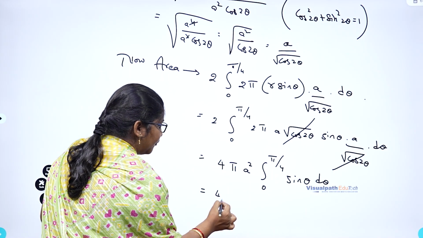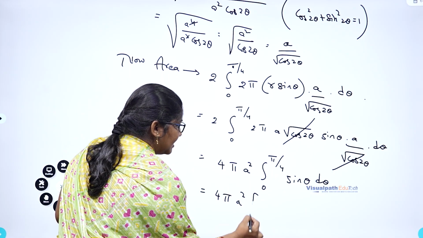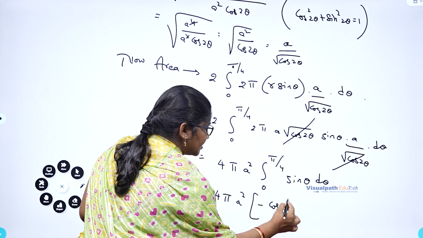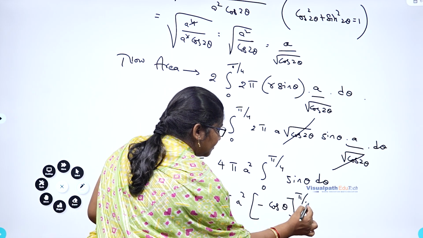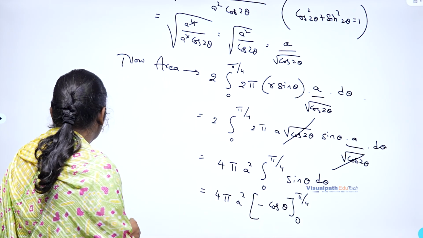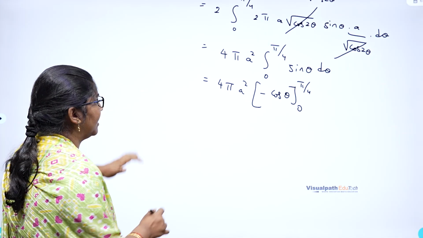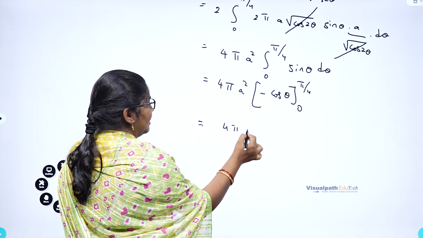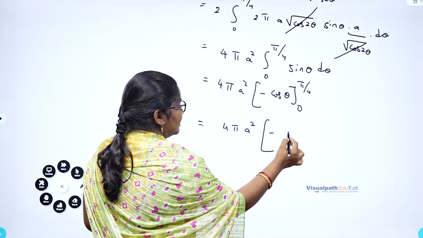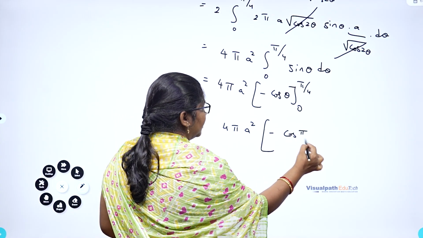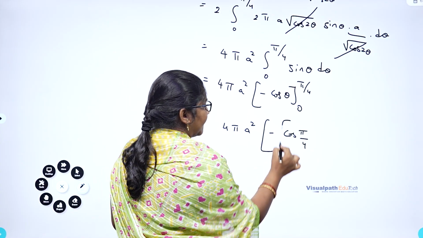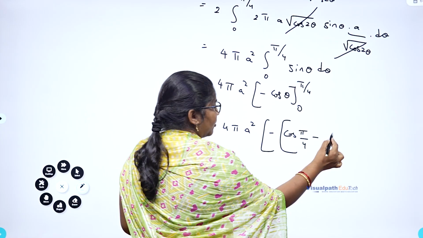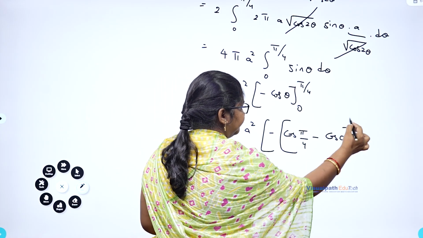The integration is minus cos theta from 0 to pi by 4, upper limit minus lower limit: minus cos pi by 4 minus of minus cos 0.